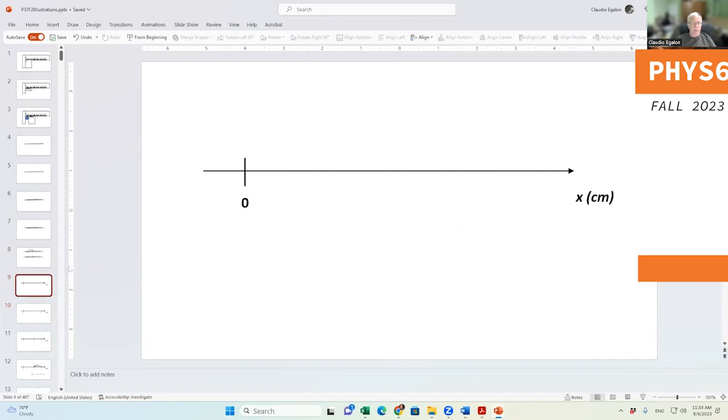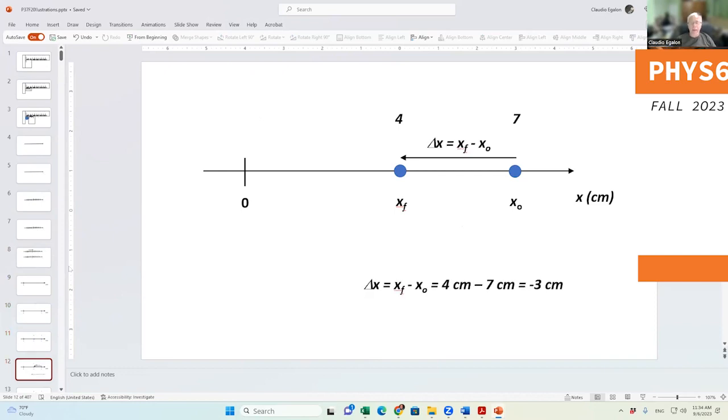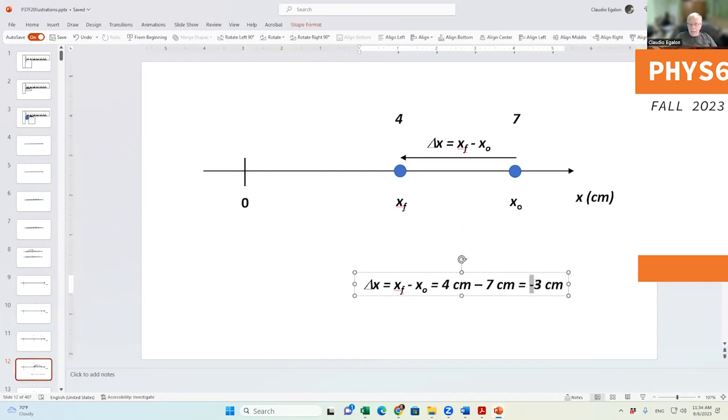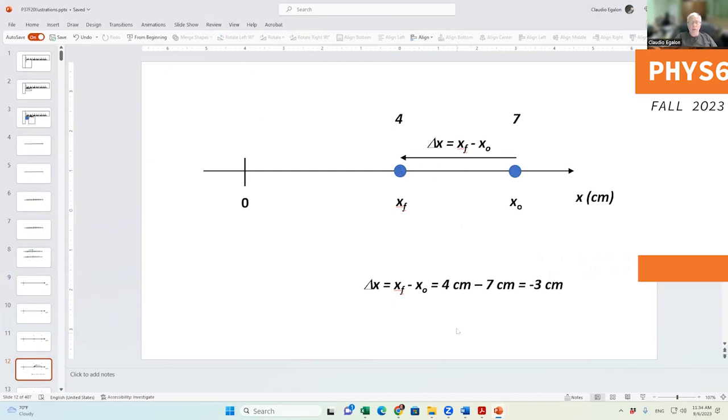Let's repeat what I did. Here you go, x naught. Suppose this particle is in this position, and then later on, it is at this other position. In this case, delta x now is going to be negative. The arrow is going to point towards the left. That's why we have this negative sign right in here. The arrow goes from the initial point to the final point.